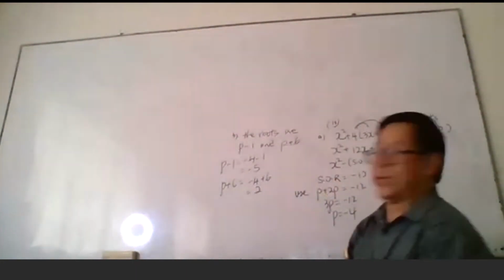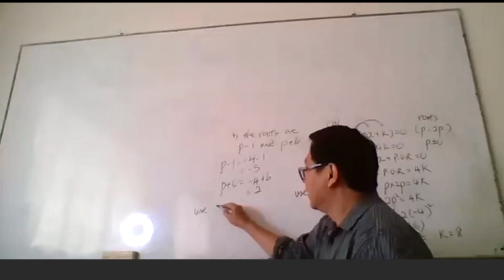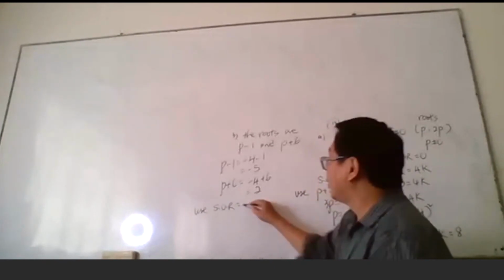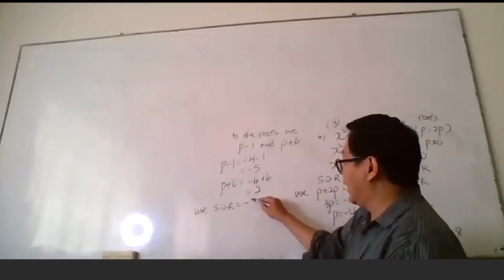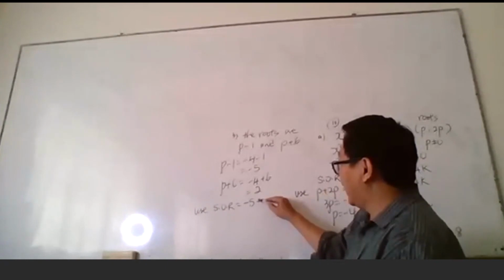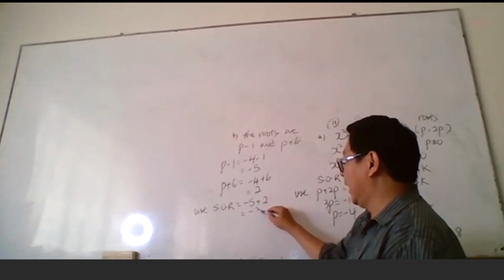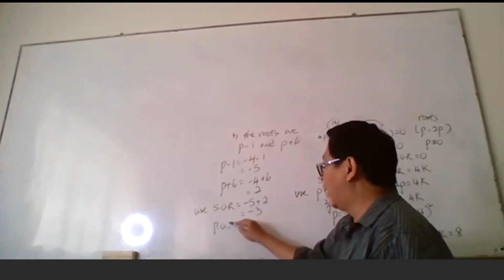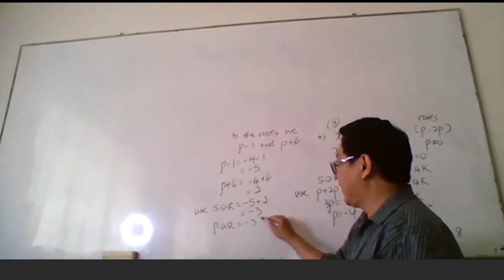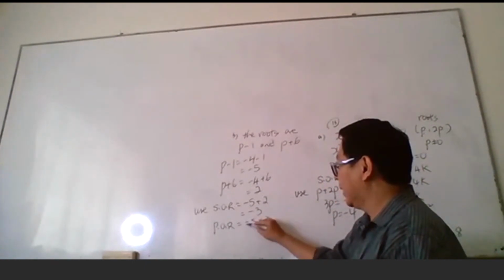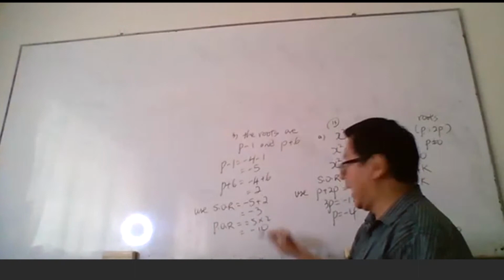And again, you can use sum of the root. So use negative 5 plus 2, then you get negative 3. Product of the root, negative 5 times 2, and come to negative 10.